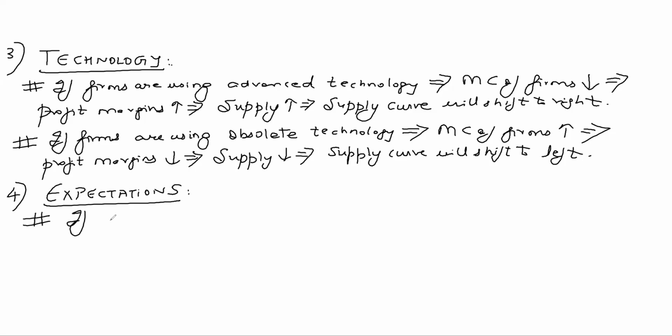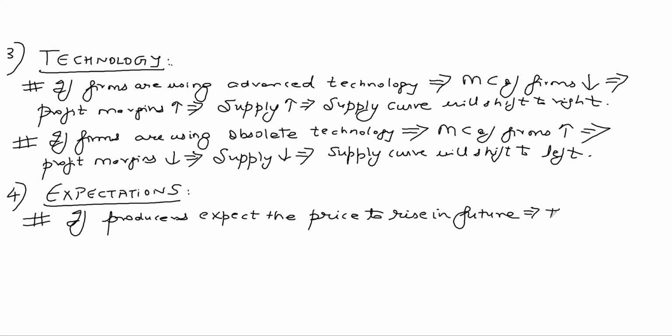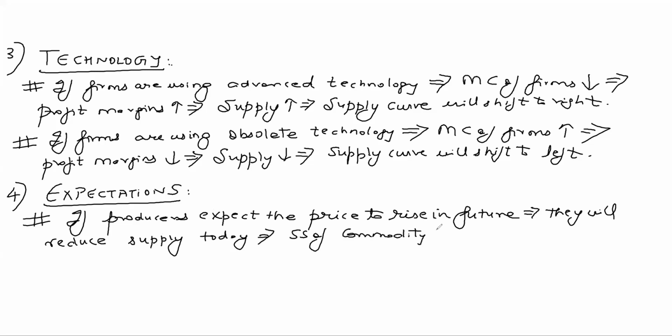If the producers expect the price to rise in the future, they will reduce the supply today, which implies supply of the commodity falls and the supply curve will shift to the left.